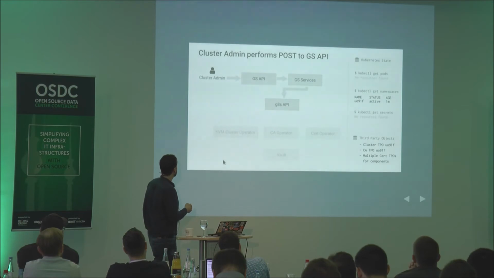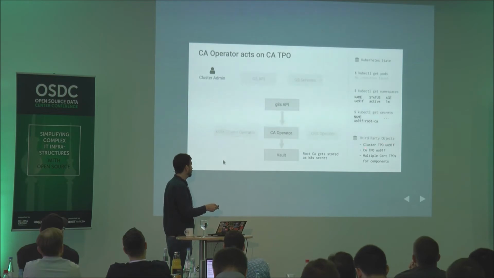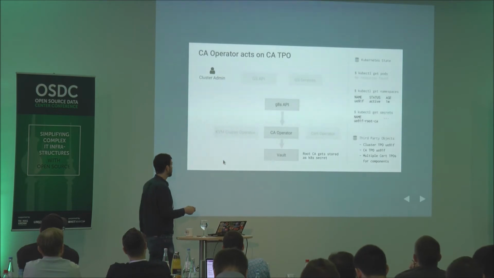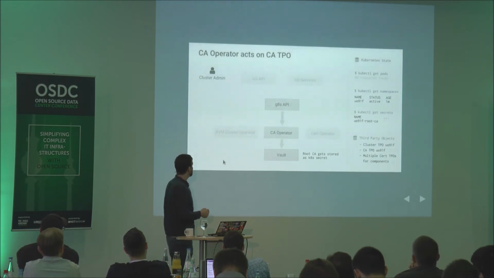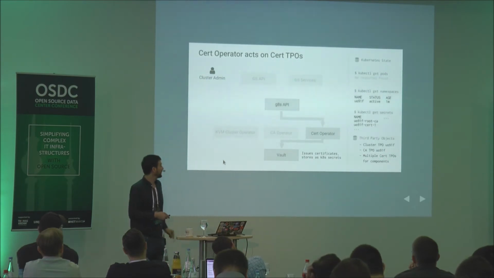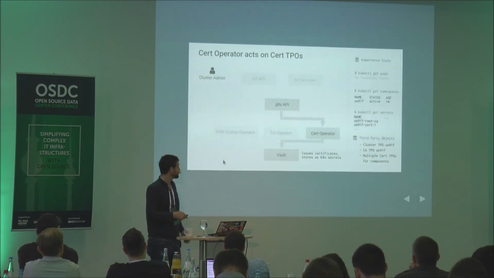And then our operators, so you can see the CA operator will pick up the CA TPO and talk to Vault and create the backend in Vault, and create the root CA, create the necessary roles, and then the third operator is able to issue the certificates based on the list that was given in the third TPOs.